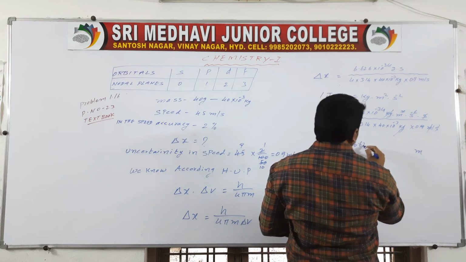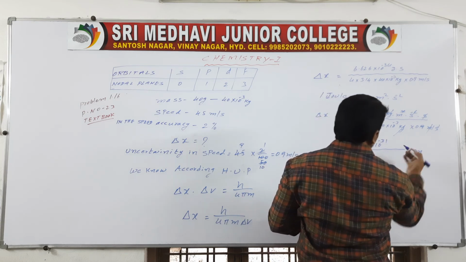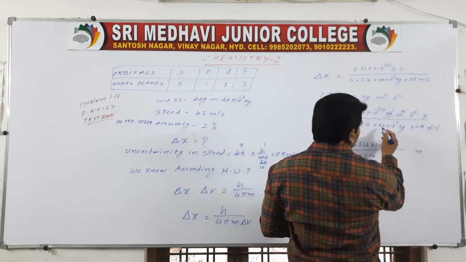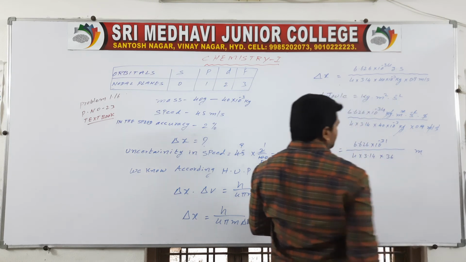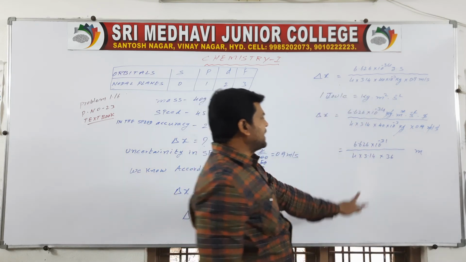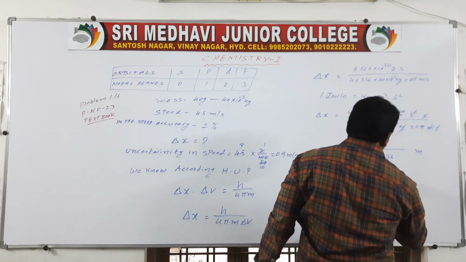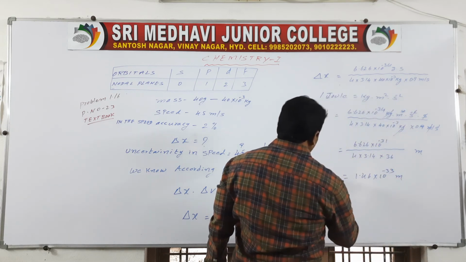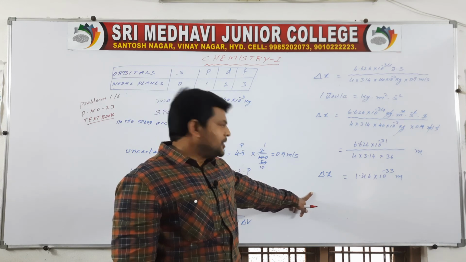Then 6.626 into 10 power minus 31 by 4 into 3.14 into 36. If you simplify this, you will get 1.46 into 10 power minus 33 meter. This is delta x.